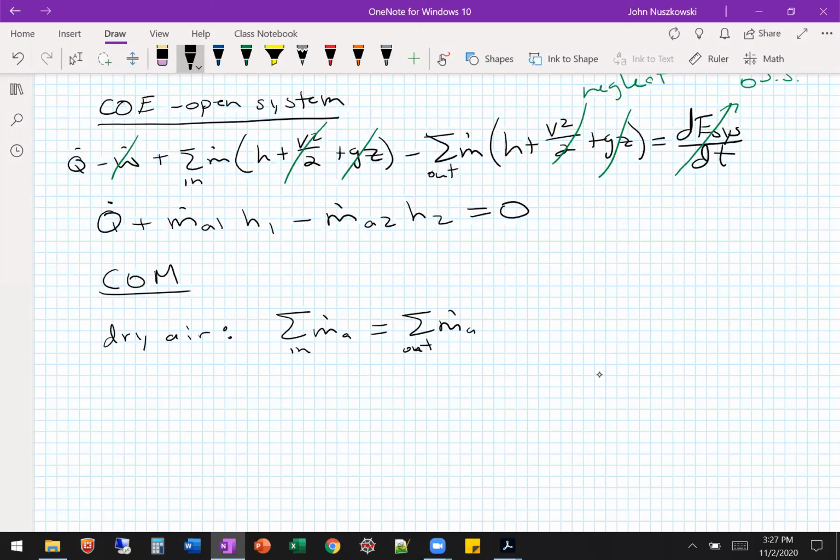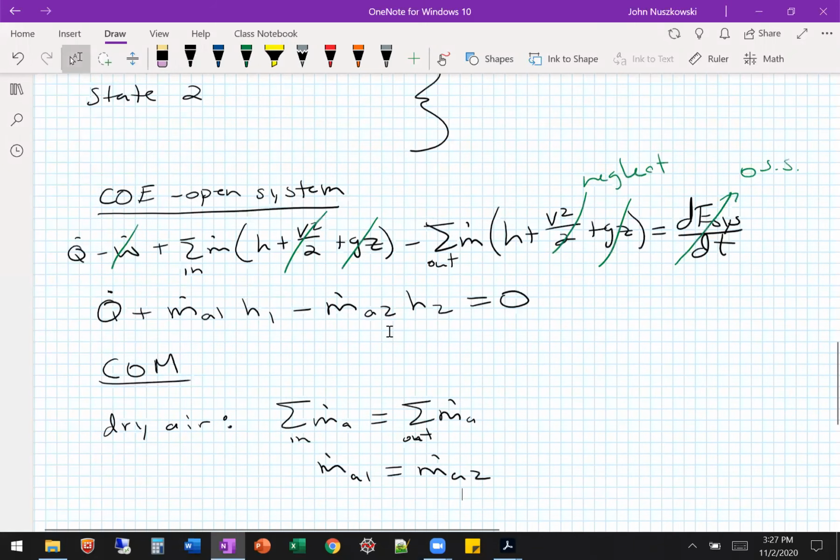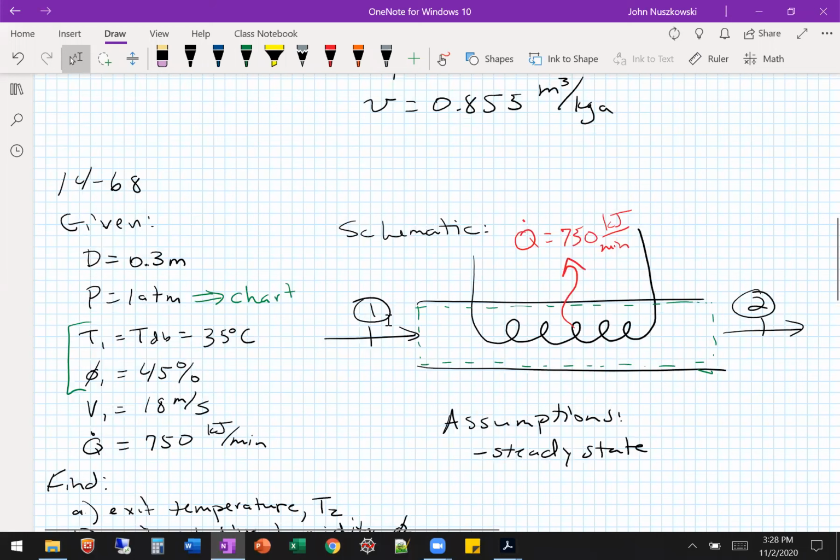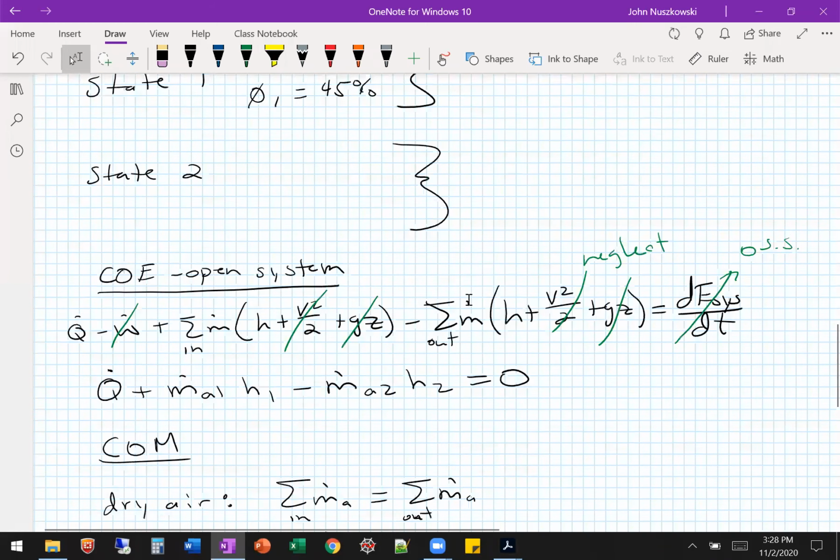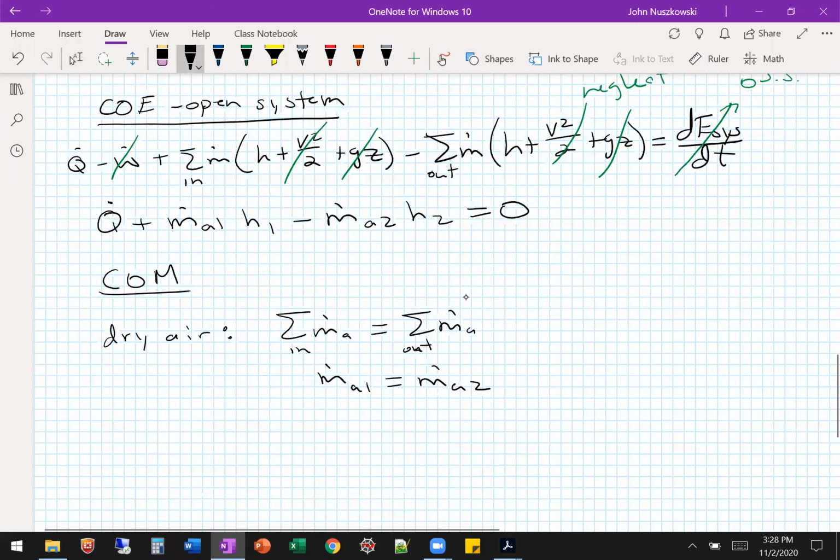You don't even see the dm/dt because it's already assuming steady state. If we set this up, there's an amount of dry air entering at 1, and the same mass flow rate of dry air is leaving at 2. So it's just the mass flow rate of dry air.